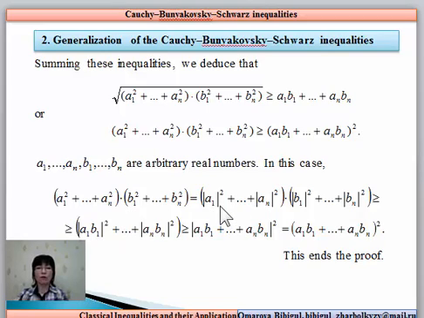We use the property of the function of absolute value. The square of any number is equal to the square of the absolute value of this number. Then we get non-negative numbers and use the proven formula, the Cauchy-Bunyakovsky-Schwarz inequality for non-negative numbers in the first part.